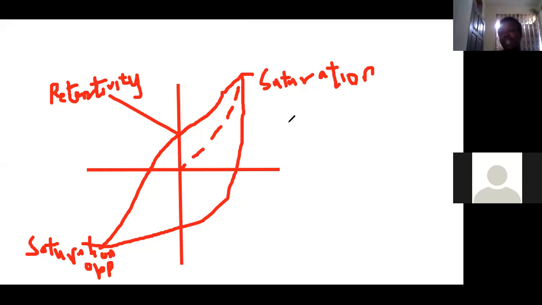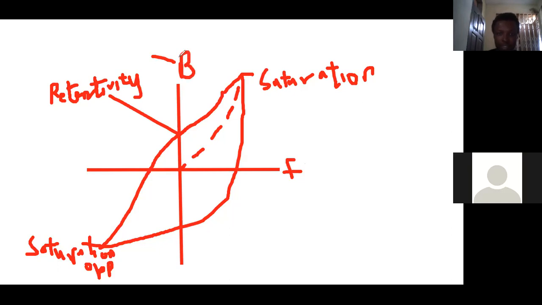You have a ferromagnet, and we believe that it already has a strong tendency to get magnetized. Now, when we apply a magnetic field, this is the magnetic field or the magnetic strength, and here is the magnetic density.